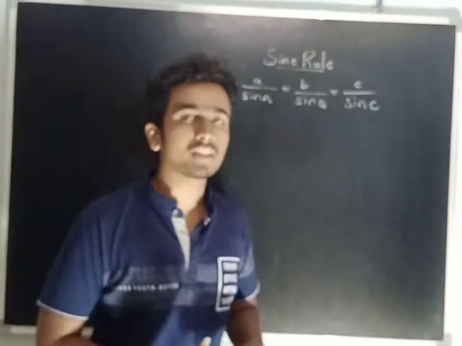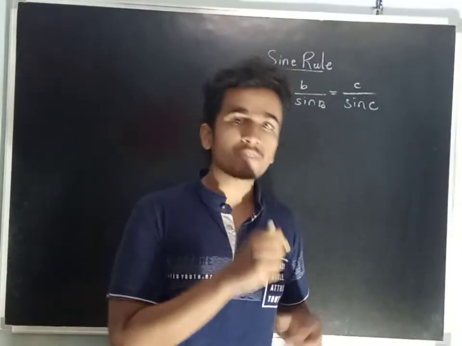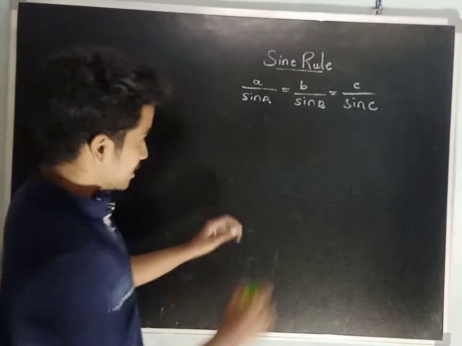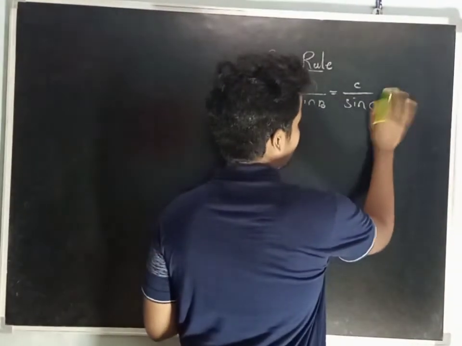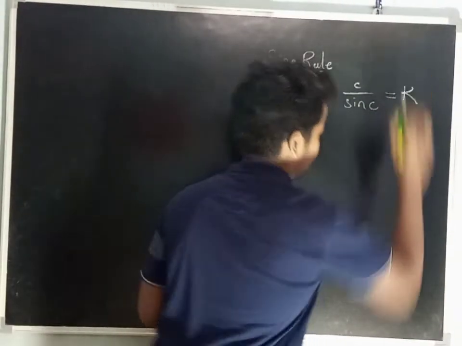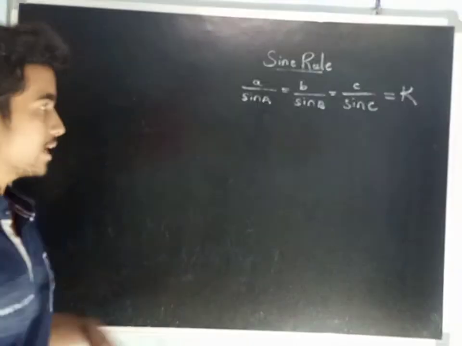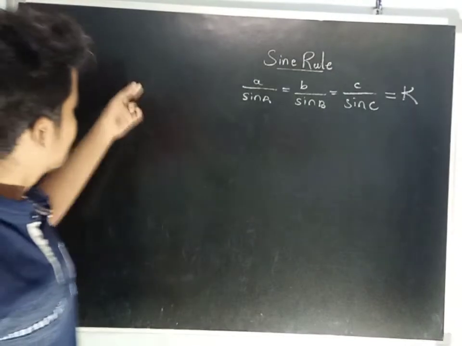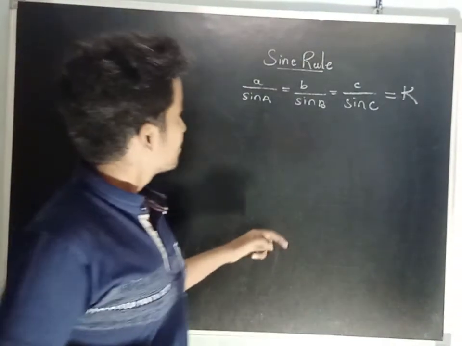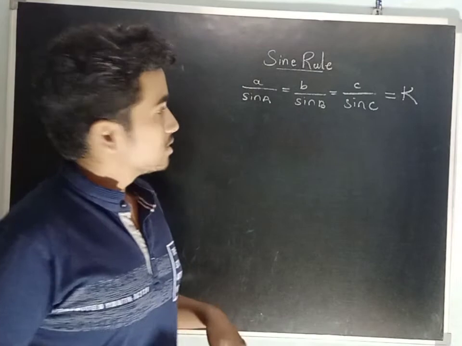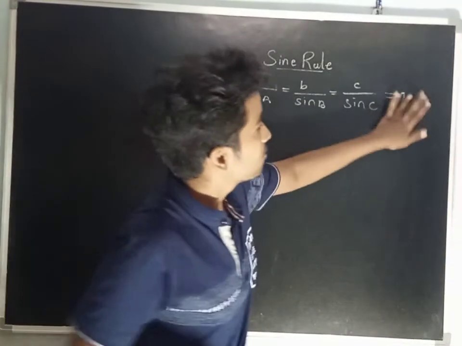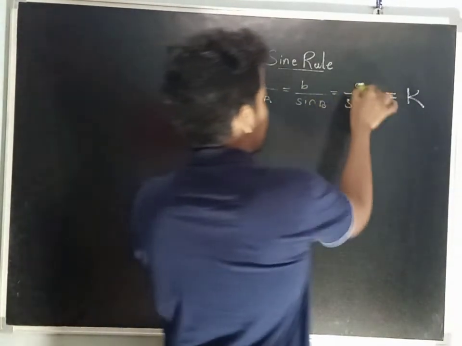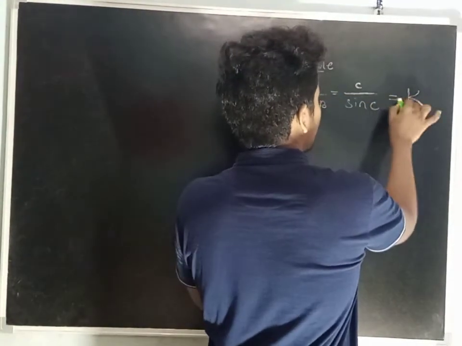Another important thing regarding solving numericals and problems is that I have considered these three values to be a constant k. Those who saw my problem videos can understand this. a by sin A is equal to b by sin B is equal to c by sin C is some constant k.